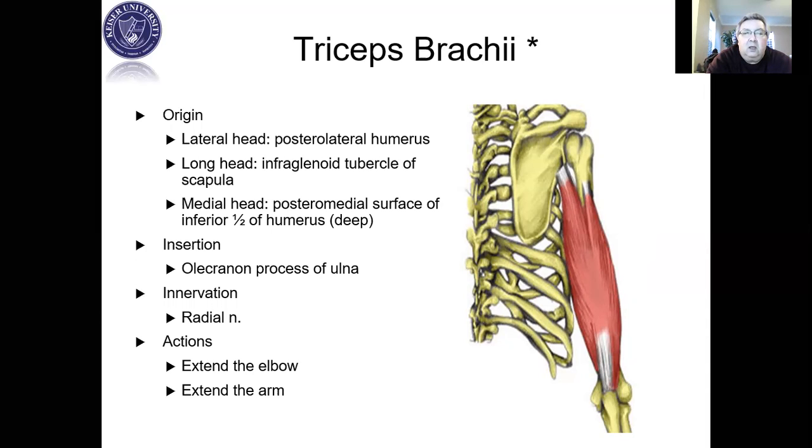The long head of the triceps is at the infraglenoid tubercle of the scapula. Now remember, on the scapula, we have the glenoid fossa. We have a tubercle on the inferior side and the superior side. This inferior tubercle is the origin of the long head of the triceps.